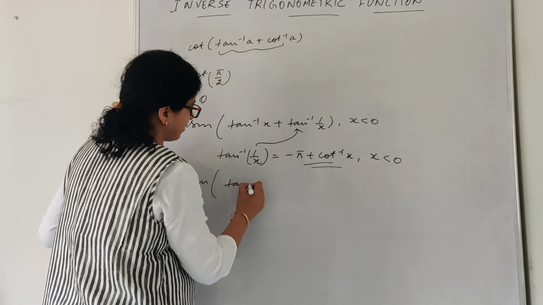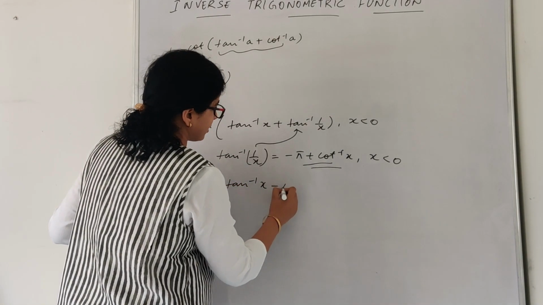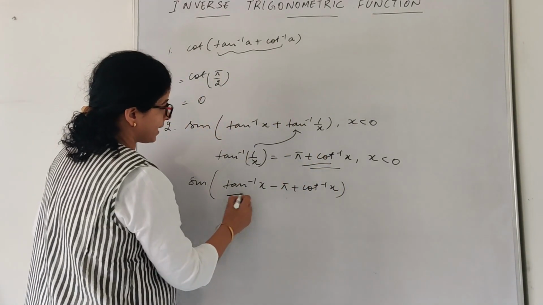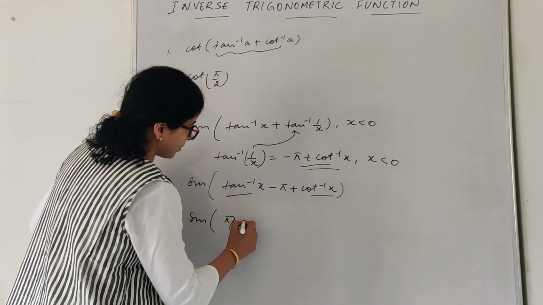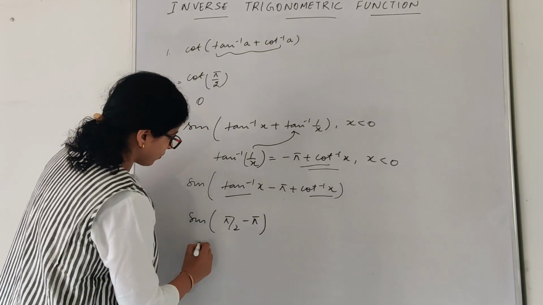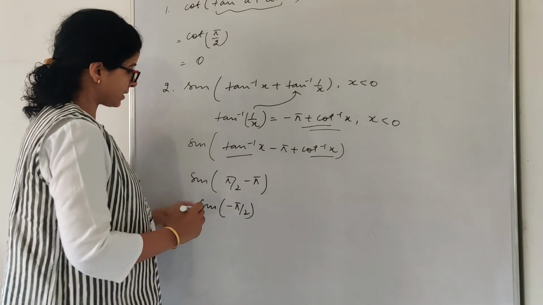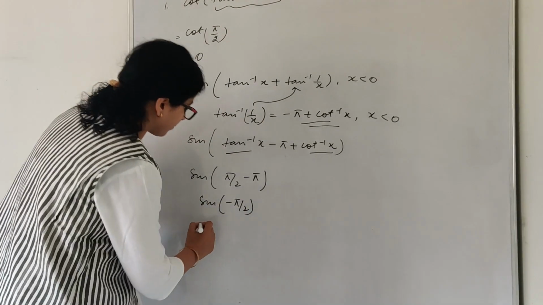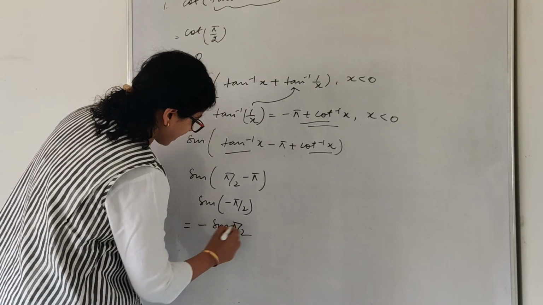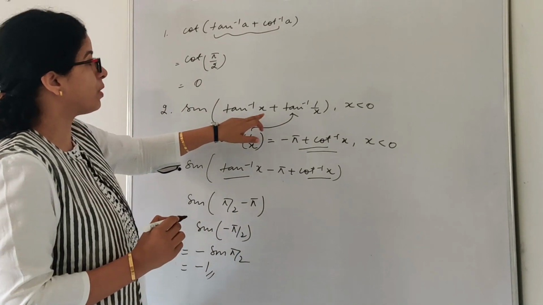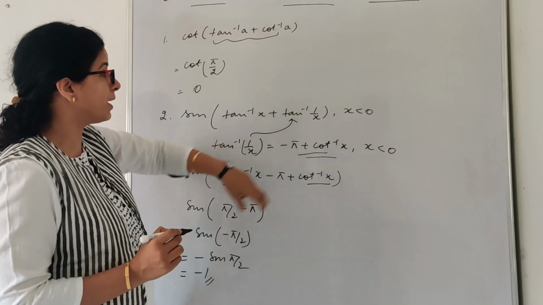Sin of (tan inverse x, minus pi plus cot inverse x). Tan inverse x plus cot inverse x is pi by 2, minus pi. So what I will get is sin of minus pi by 2. Now sin minus theta is minus sin theta and sin pi by 2 is 1. So minus 1. So basically you have to check whichever property is required and then solve it.